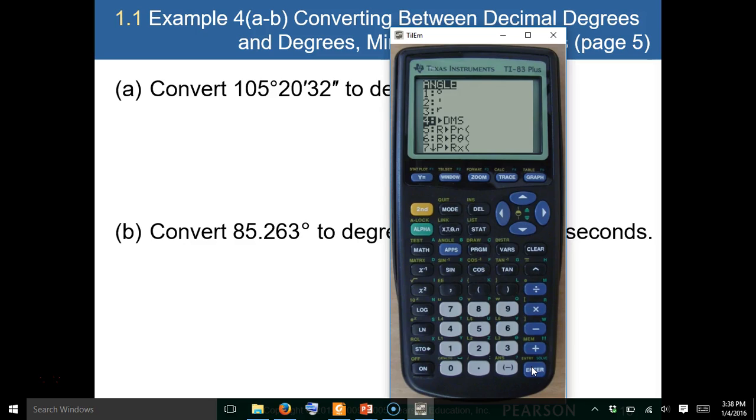DMS stands for degrees, minutes, seconds. And then just hit enter, and voila, there you go. There it is in degrees, minutes, seconds. But on this last one right here, I don't want any decimal numbers when I'm asking you to put it in degrees, minutes, seconds. So round to the nearest second. So the answer for this would be 85 degrees, 15 minutes, and 47 seconds.